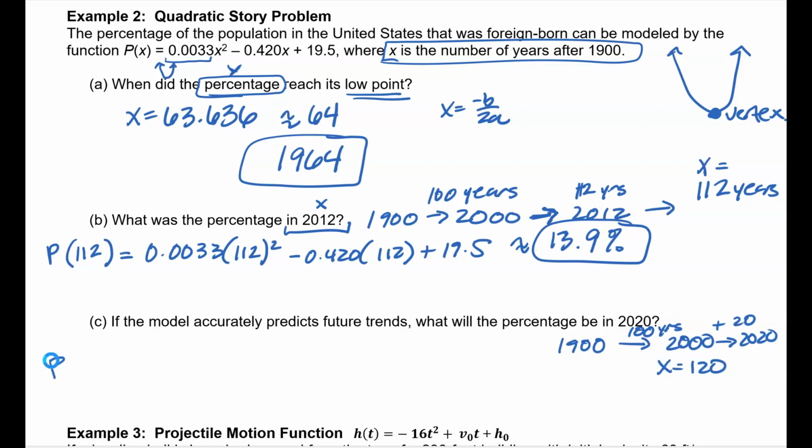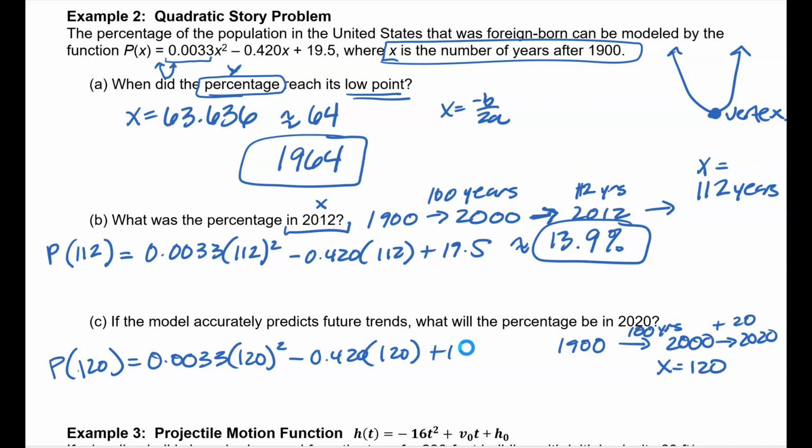So they want you to find P of 120, and you're going to plug 120 into the equation, just what you did above, only with 120. When you plug that in, you should get about 16.6, not 9, I said 6, I wrote 9. About 16.6 percent there.